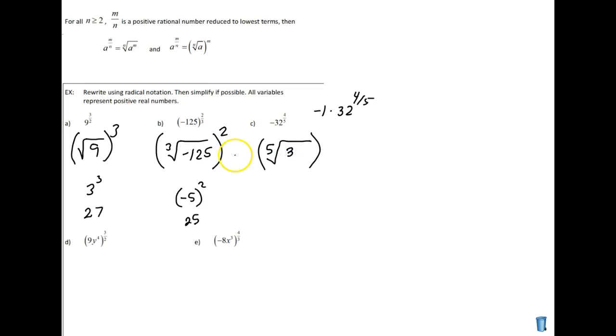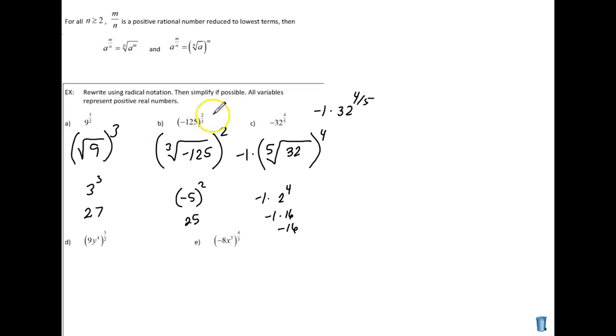So I'm doing negative 1 times the fifth root of 32 to the fourth power. Well, the fifth root of 32 is 2. 2 to the fourth is 2 times 2, which is 4, times 2, which is 8, times 2, which is 16. So this gives me negative 1 times 16, which is negative 16.